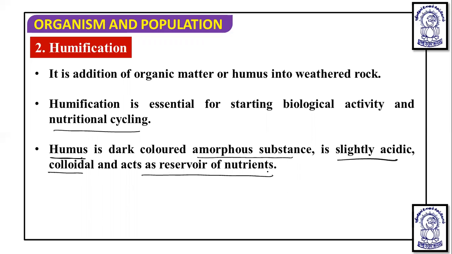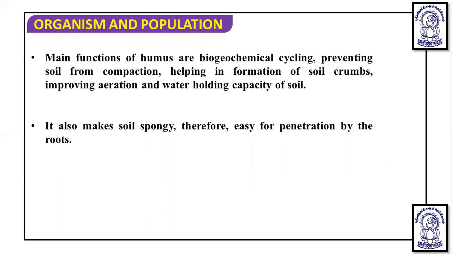So humus is enriched over this weathered rock. Its main functions are: biogeochemical cycling, meaning nutrient cycling will start. It prevents soil from compaction, so it will not allow soil to compact. It helps in the formation of soil crumbs.